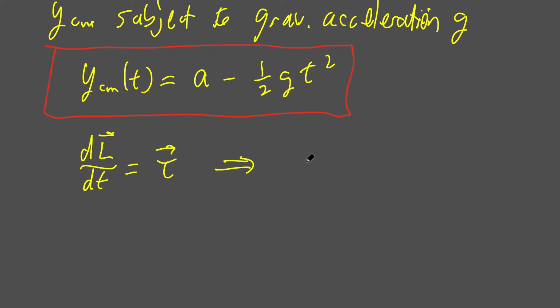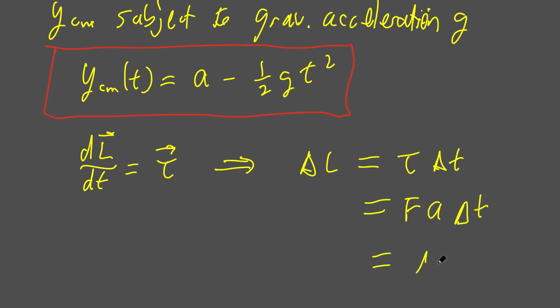Again, it's a one-dimensional problem, and we can replace the deltas with d's. So this is saying the change in angular momentum of the pencil during the short time interval of the kick is equal to tau times delta t, but tau is just F times a, the lever arm distance. So this is just F times delta t, the impulse, times a.